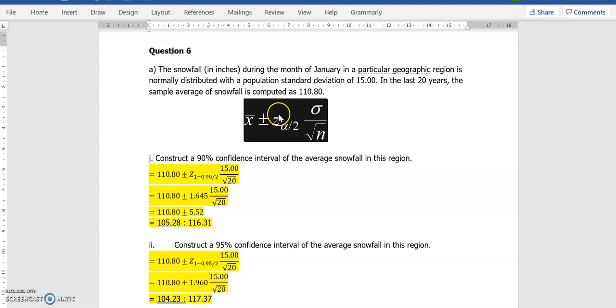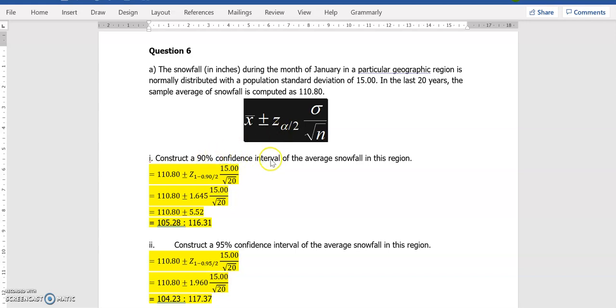And then we have the z value. And this z value is determined based on a particular significance level that is divided by 2. So in order to determine the significance level, all that we have to do is to subtract the confidence interval from 1. In other words, 1 minus confidence interval is equal to significance level.